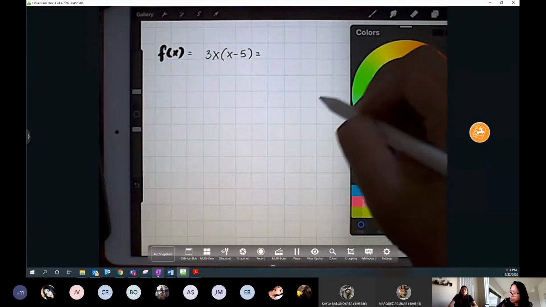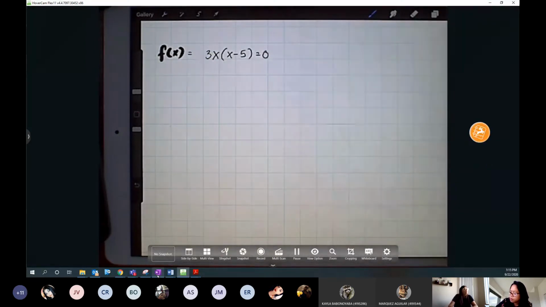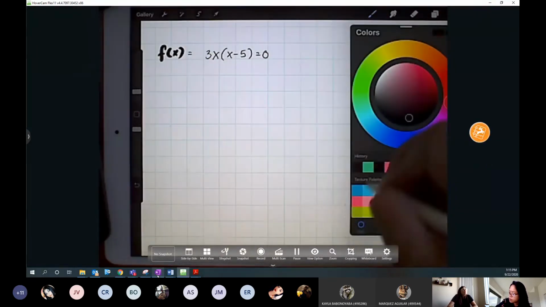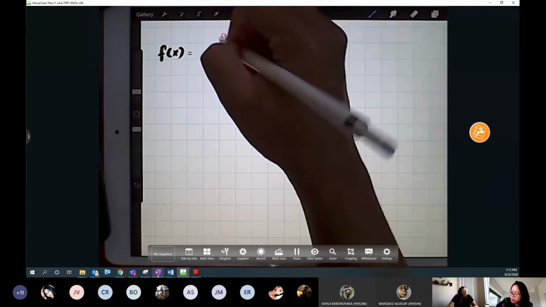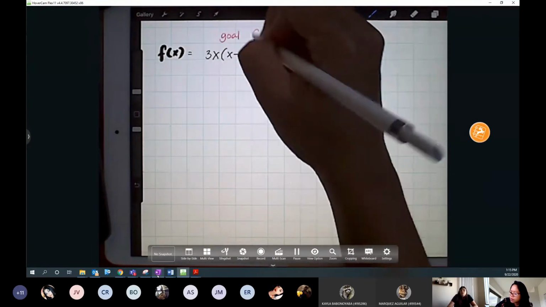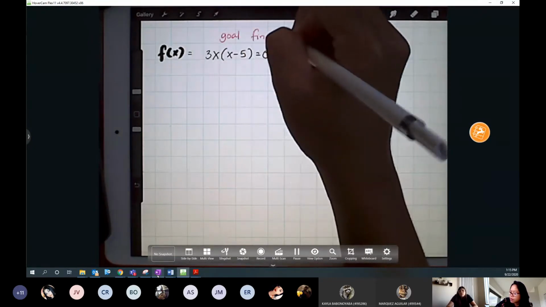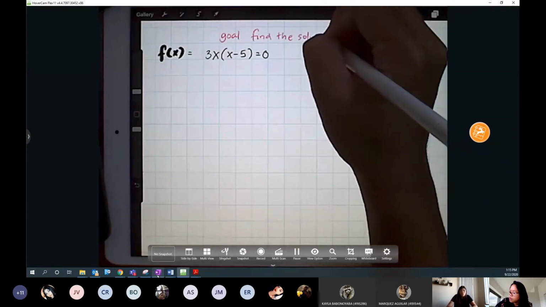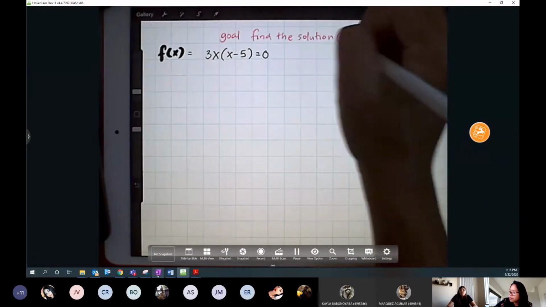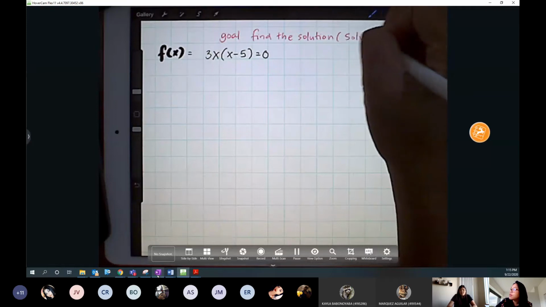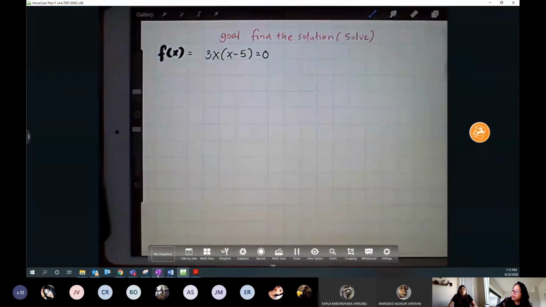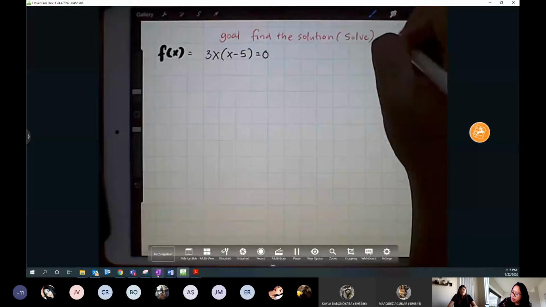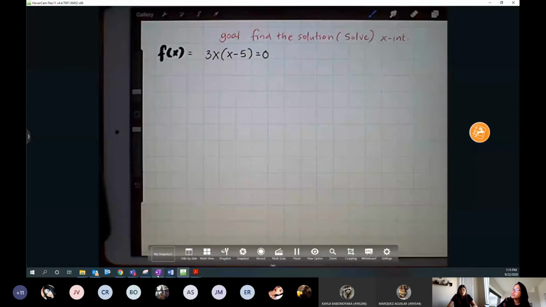Since this is an equation, our goal is to find the solution. When it says solve, you're looking for the solution. Okay, you're looking for the x-intercept. You're not looking for the y-intercept.